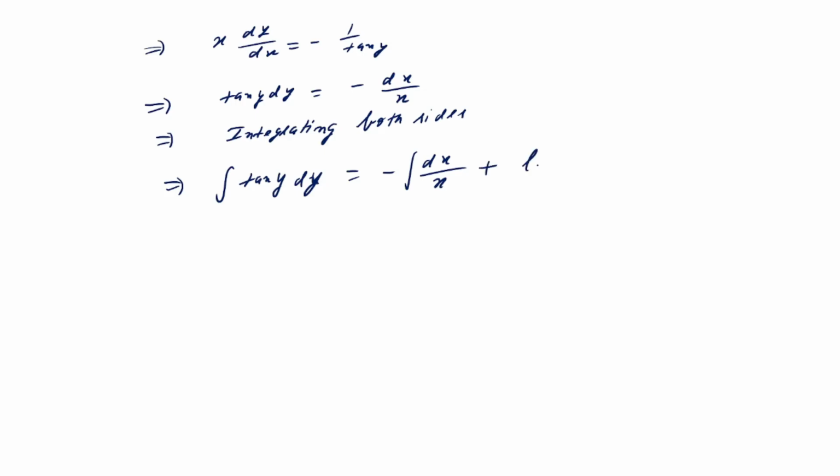We will consider our constant as log. You have to imagine one step forward. The answer of this is log sec y is minus log x plus log c. Try to remove this minus sign.